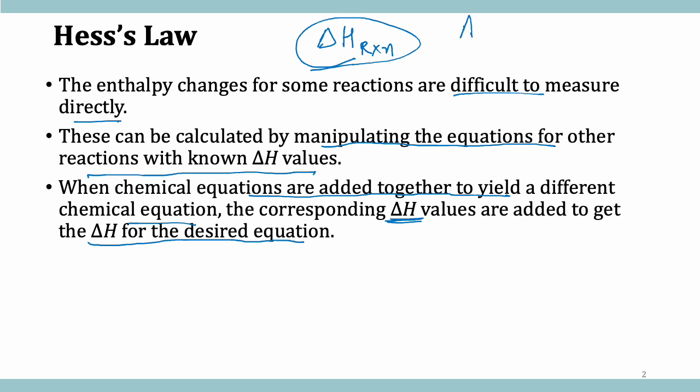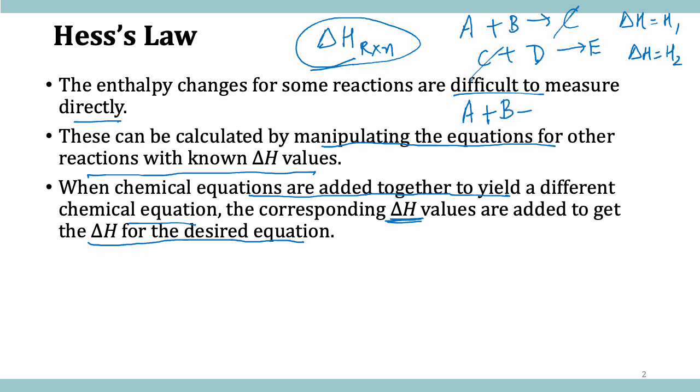For example, if I do A plus B gives me C, I know that delta H for this reaction is H1. I do another reaction, let's say C plus D gives me E, and delta H for this reaction is H2. If I add these two reactions, what do I get? A plus B, C and C will cancel out, plus D gives me E. Which means what is delta H for this reaction?